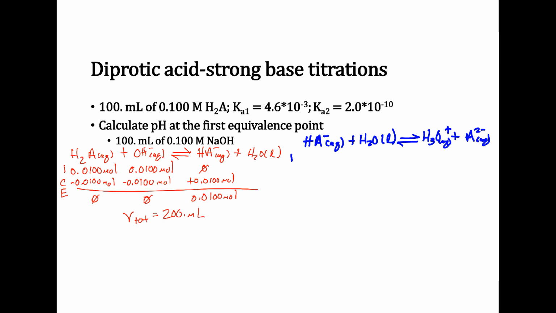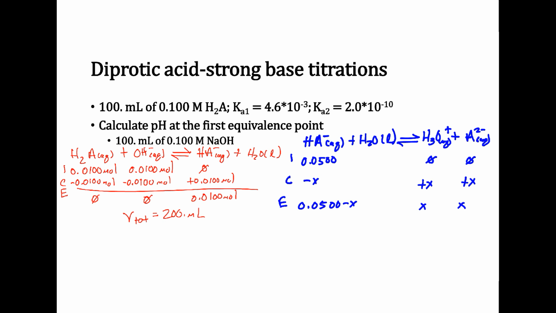So whenever we calculate this concentration out, it is 0.0500 molar. We have minus x, plus x, plus x over here. So we'll have 0.0500 minus x, x and x.